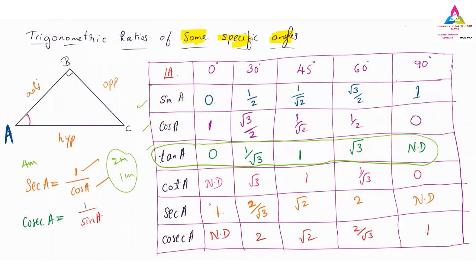In that they will ask about any one of the angles, that is tan. Based on the tan they will tell you, and in tan the important angles are tan 30 degree, tan 45 degree and tan 60 degree. These are the 3 angles you have to remember to get that 4 marks in your 10th exam.